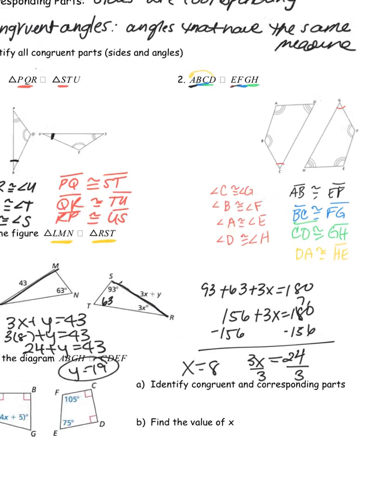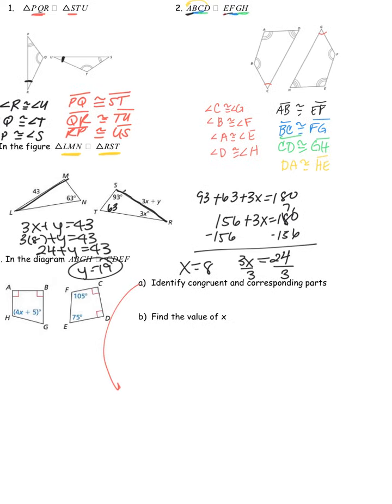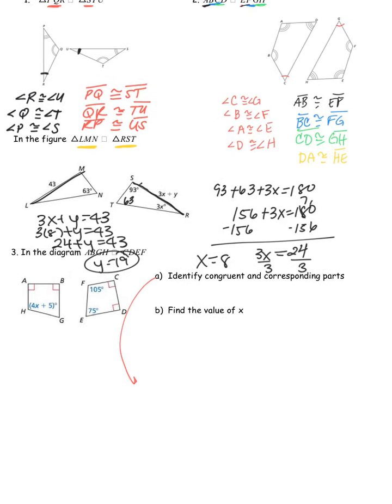Alright, 3a, I've written all over the place here, so I'm going to do this down here. So identify congruent parts and corresponding parts. So let's just do our angles, and we can do it from our congruent statement. So let's look over here. Here's my congruent statements. So I know angle A is congruent to angle C. Angle B is congruent to angle D. I'm just matching.